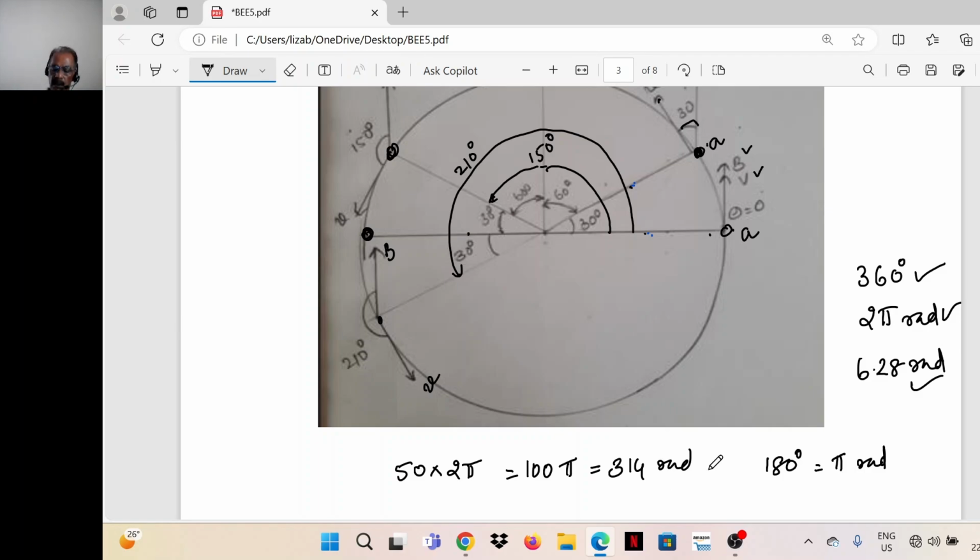So the angular velocity of the coil, omega, is 314 radians per second.